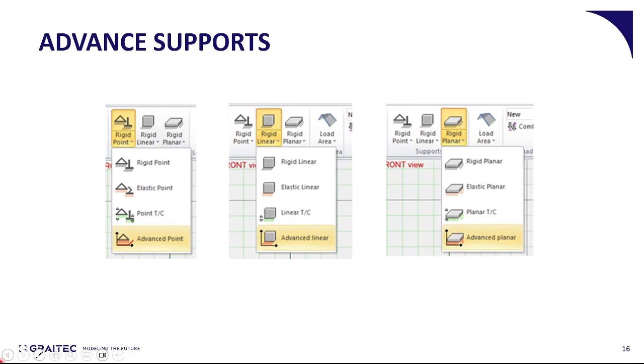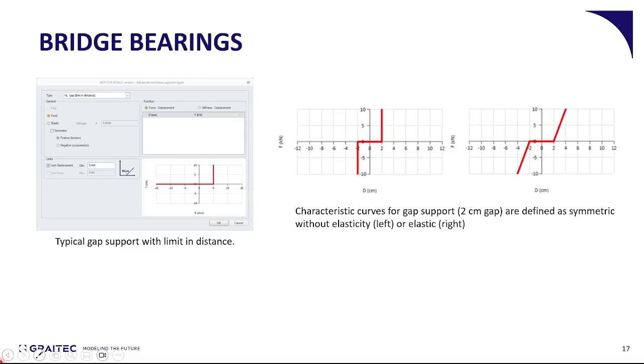We will see now how to use the advanced supports to model the behavior of bridge bearings and the behavior of a rigid and flexible pile. In order to model the bridge bearings, the following advanced support needs to be used.